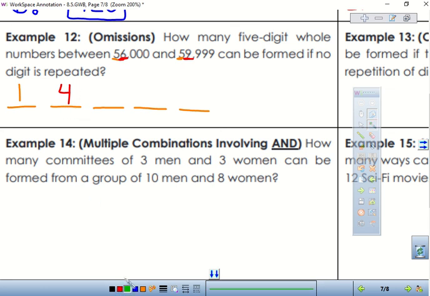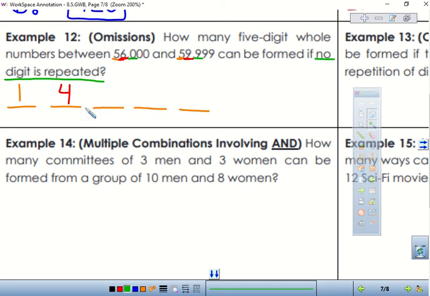So would the rest be 10? No, watch. Be careful. That's a good point, but no, you can't be 10 because here we have 10 choices, but what's the problem? Here's a hint. No digit is repeated. So there's not 10 choices there. How many numbers did we already use up?